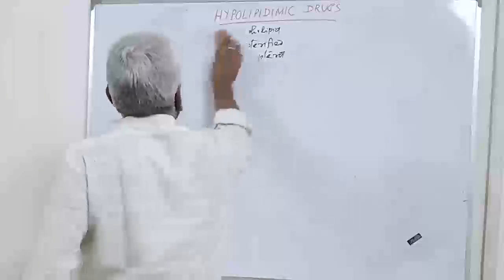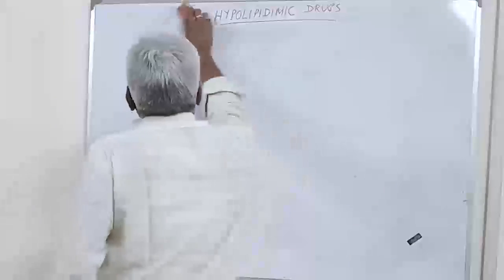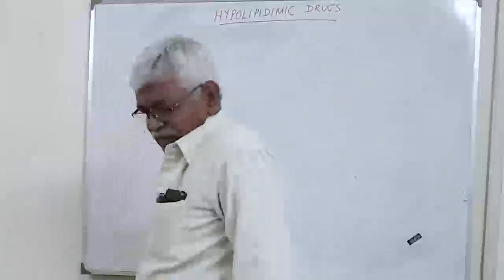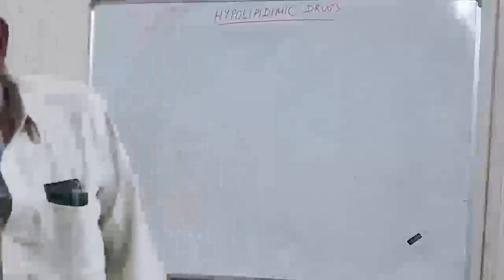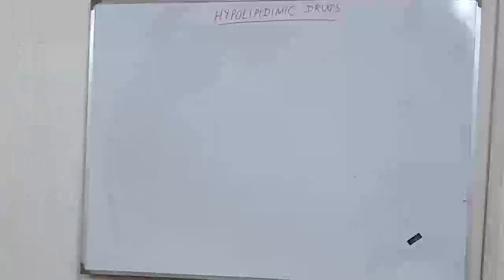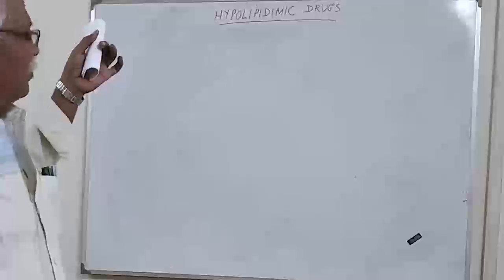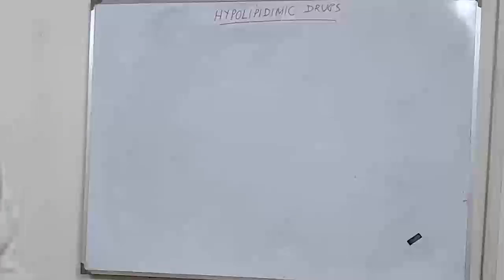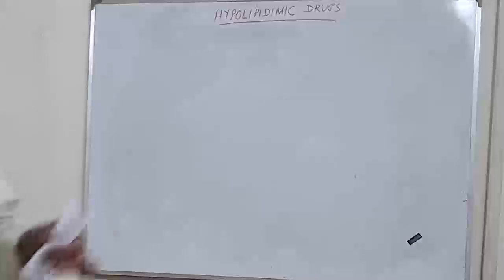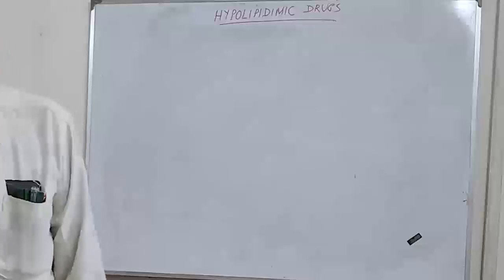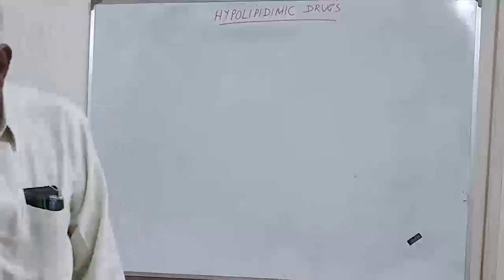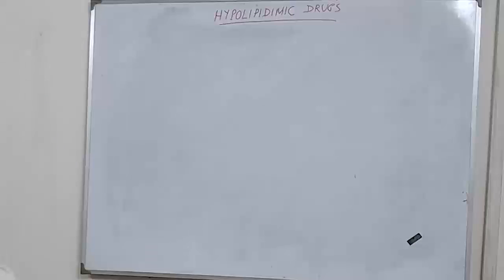Now, in order to understand the pathology of atherosclerosis and the different drugs which are effective in the treatment of hyperlipidemic conditions, one must have knowledge of the metabolism of the lipoproteins. Now, the lipids in the circulation have two sources.